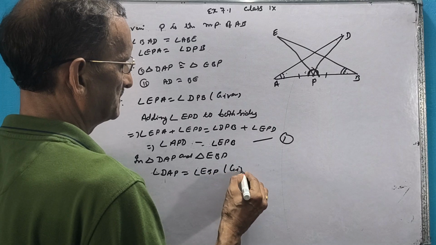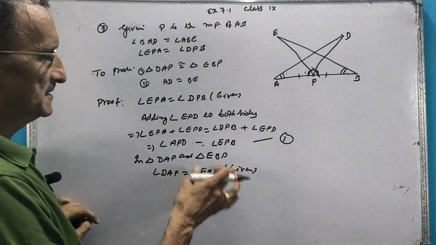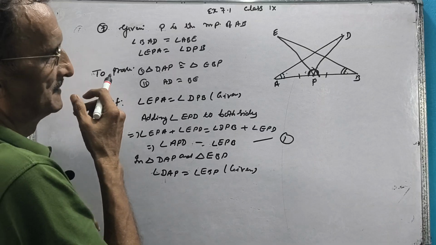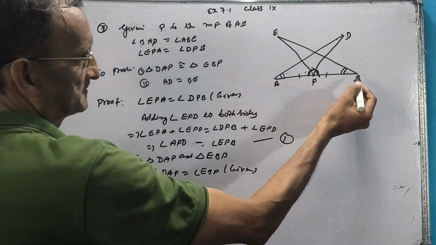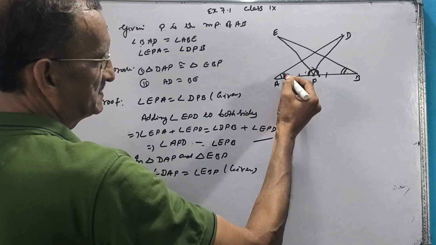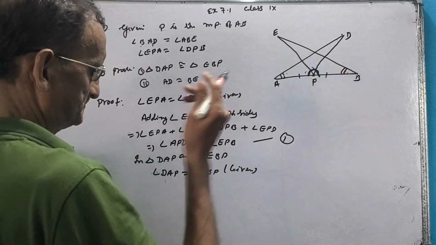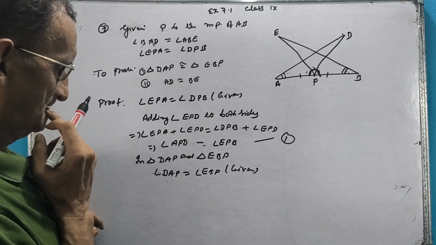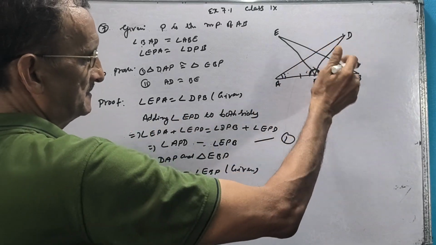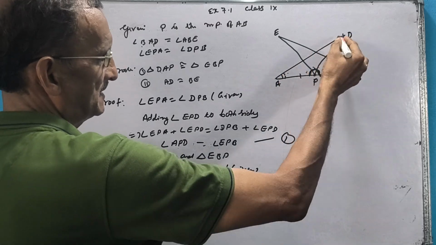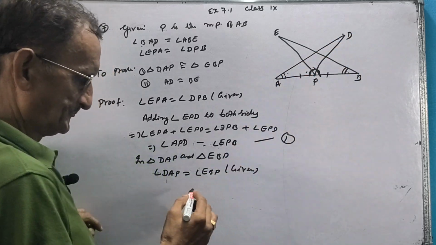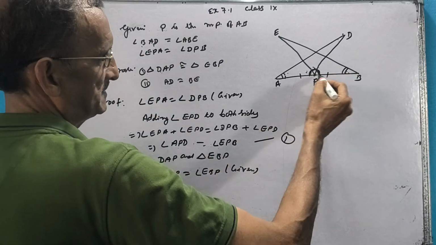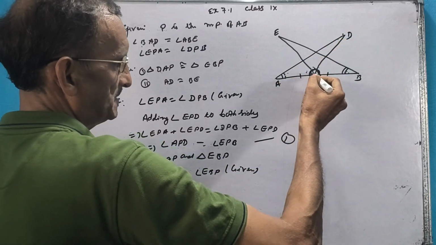This is given only. But see, when you write the given part, you will not get angle DAP. What you will get is angle BAD. BAD means this angle. BAD means angle A and DAP means angle A only. Understood? So BAD and DAP are the same angle.